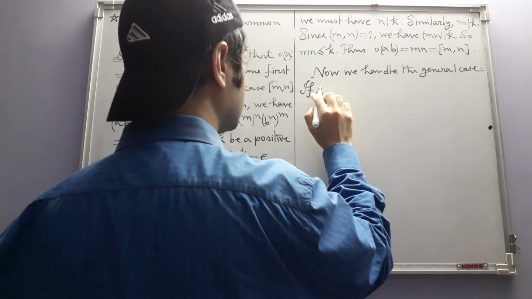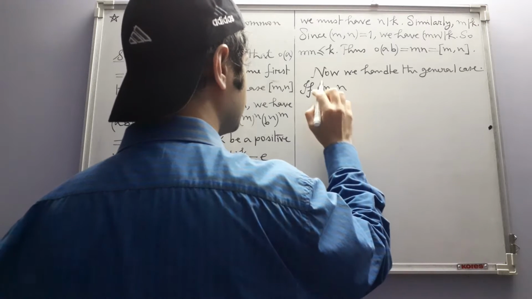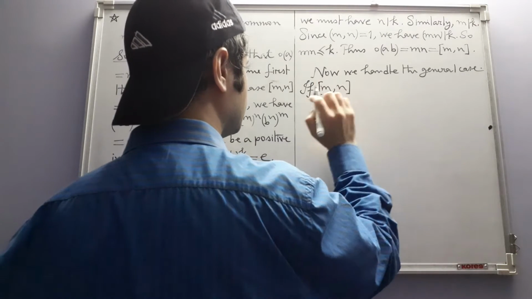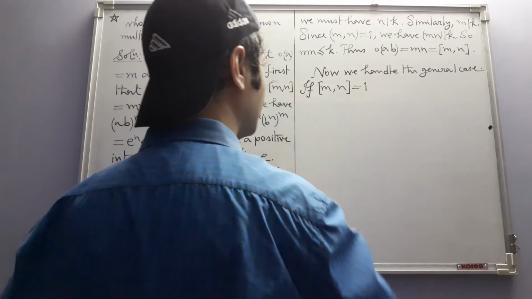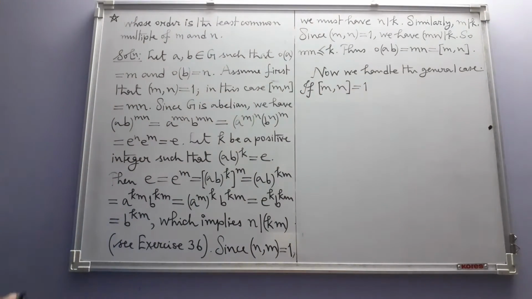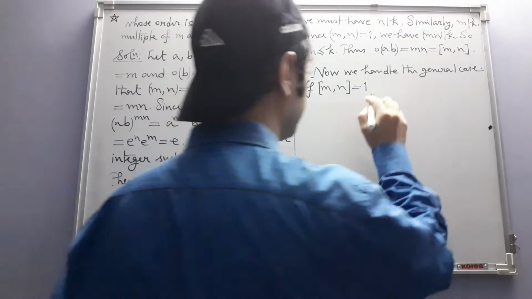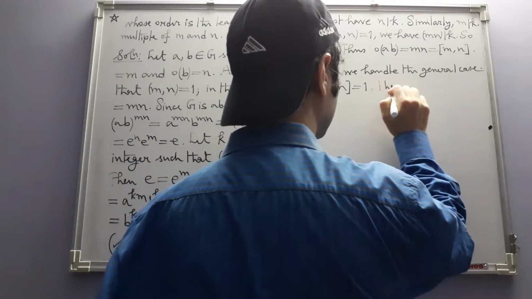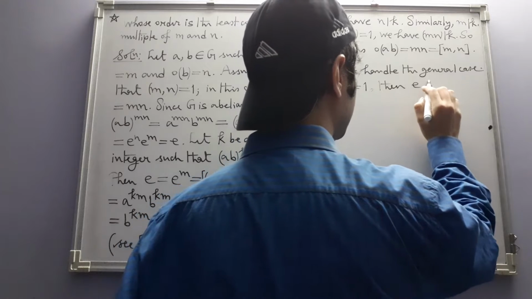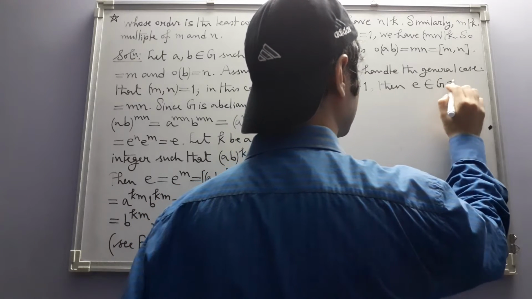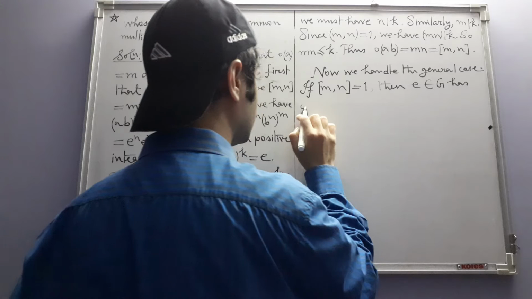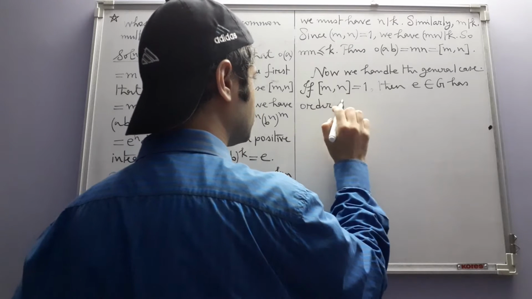If the least common multiple is 1, say it's some positive integer, it can be 1 also, then E belonging to G has order 1.